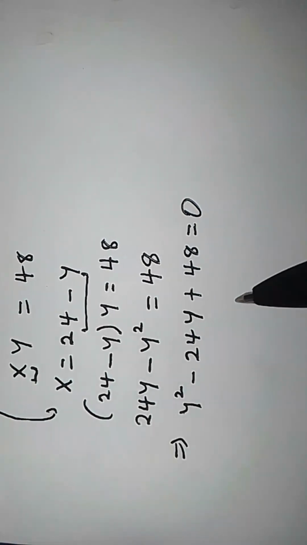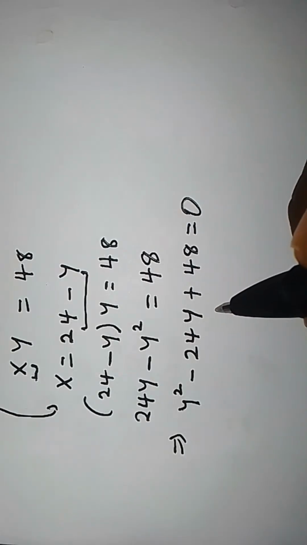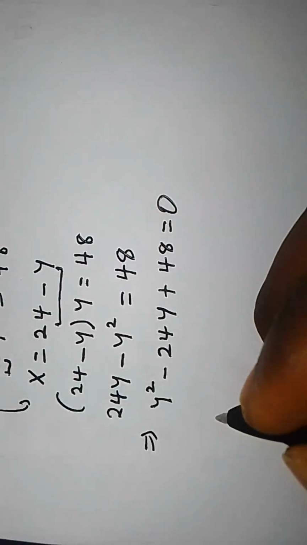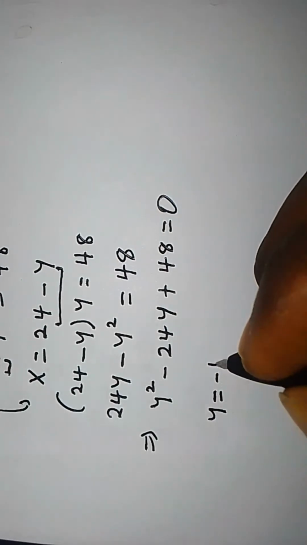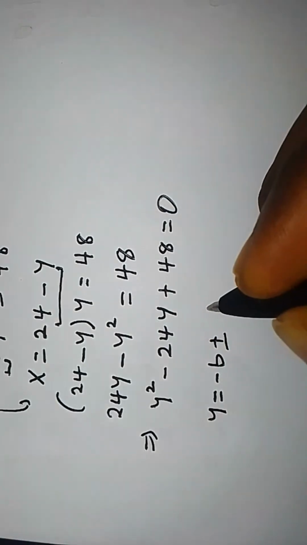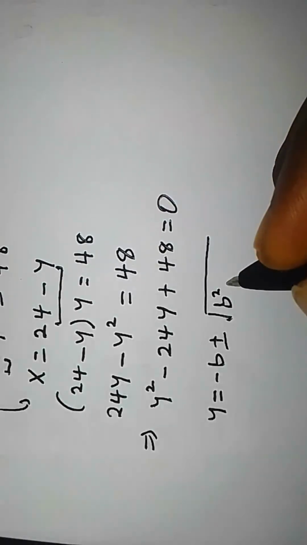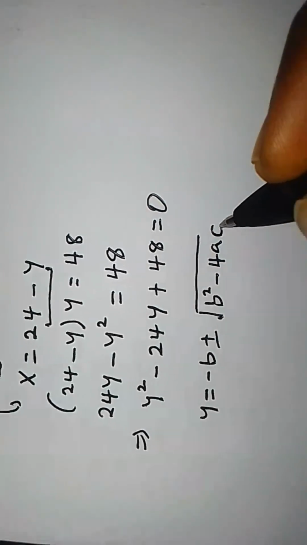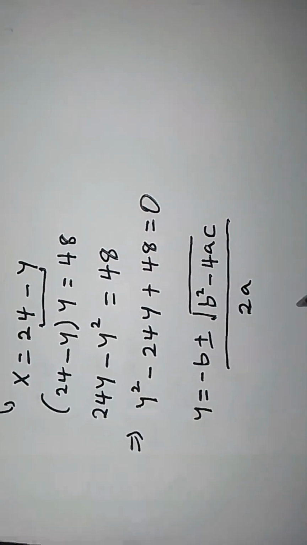You will see that this is a quadratic equation and we can solve it using the quadratic formula, which is y equal to minus b plus or minus square root of b square minus 4 times a times c, divided by 2a.